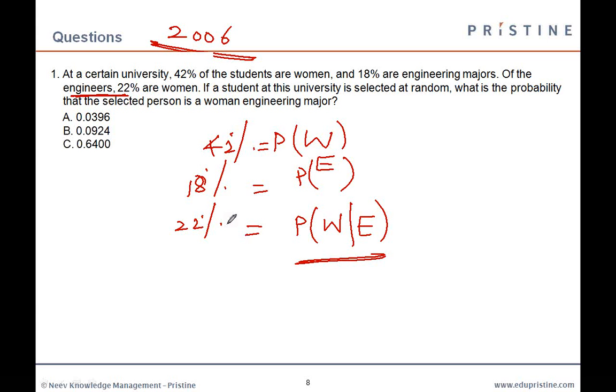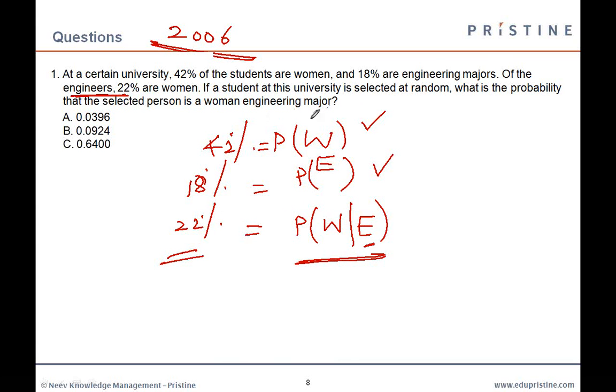This is very important: read the question properly and identify whether it's unconditional probability or conditional probability. 42% is unconditional probability. 18% is also unconditional probability. But 22% is conditional probability. Given that a person is already an engineering graduate, the probability that the person is a woman is 22%.